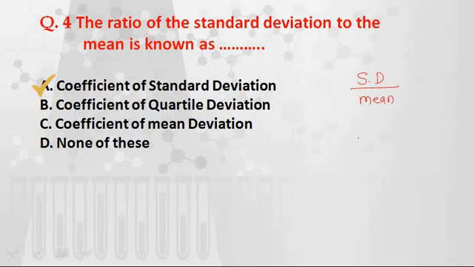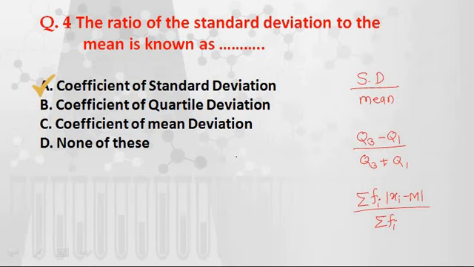Coefficient of quartile deviation is given by Q3 minus Q1 upon Q3 plus Q1. This Q1 and Q3 are lower and upper quartiles. Coefficient of mean deviation is given by summation Fi mod of xi minus M whole divided by summation of Fi.